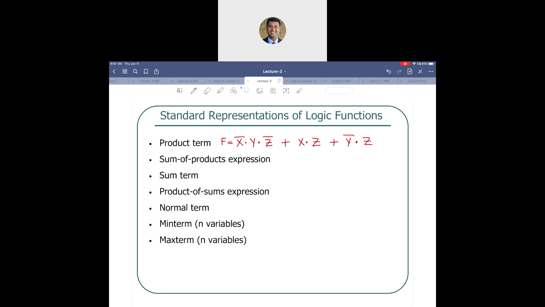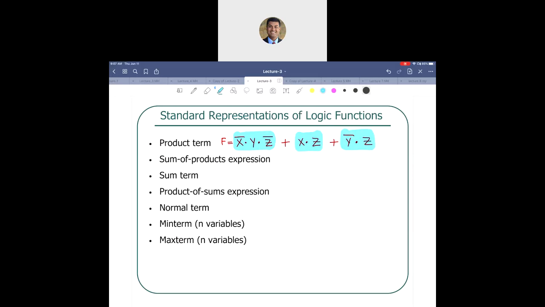Now, if you look at this expression here for f, how many product terms are there in this? Well, this is the first product term, this is the second product term, and this is the third product term.